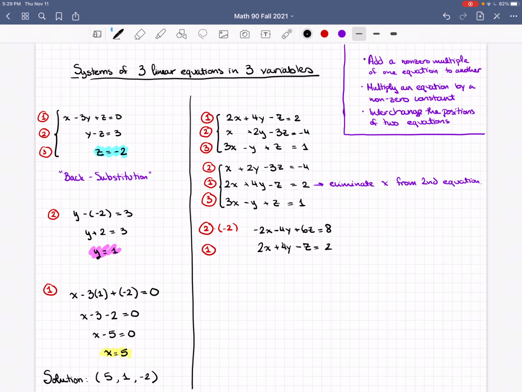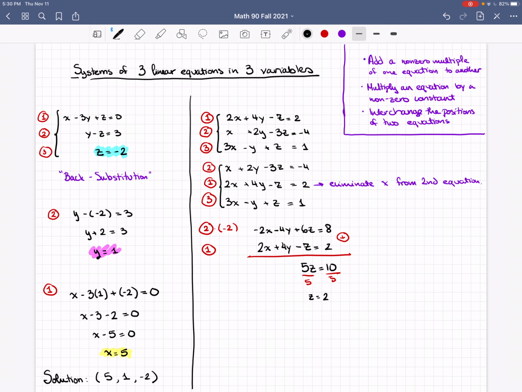Now watch what happens when I add these. Both the x and the y are eliminated. So I have 5z is equal to 10, which I can divide both sides by 5 real quick to give me z equals 2.